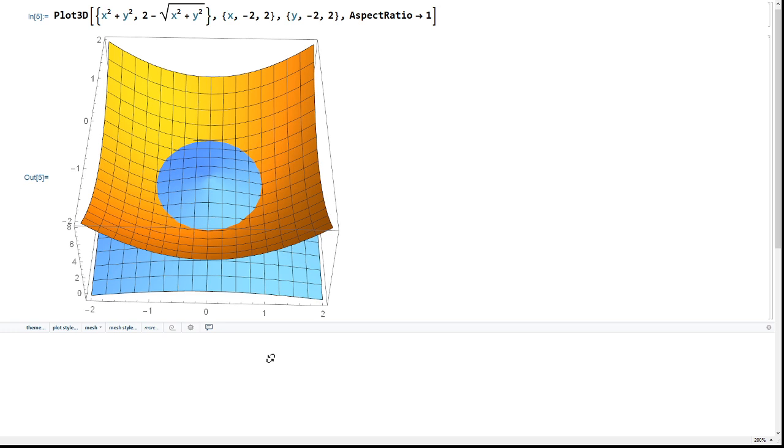Think of this as t squared plus t minus 2, which would factor as t plus 2, t minus 1. Here t corresponds to square root of z, so this is square root of z plus 2, square root of z minus 1.